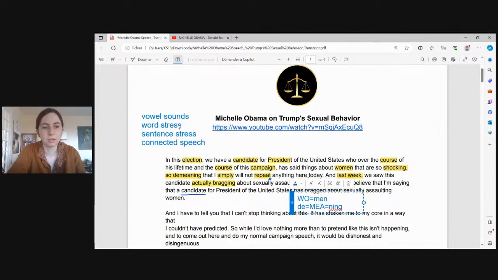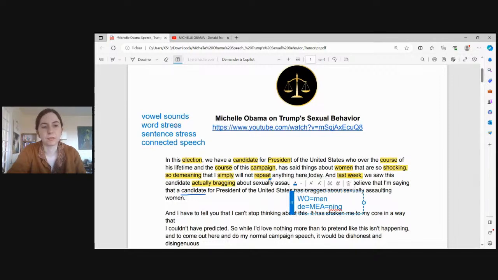So we've looked at word stress, which is the yellow words that I highlighted in each sentence. We've looked at sentence stress. That means what syllable is stressed in a word. And it can depend on whether it's a noun, whether it's a verb, whether it's an adjective. But I recommend that you just learn each word by word, and if you have difficulty, try to write down the stress of a word.